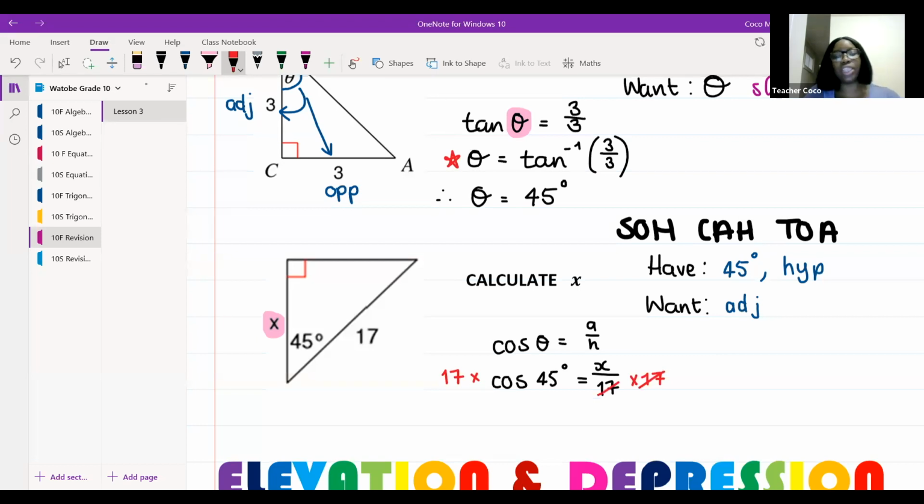What I will actually need to punch into my calculator is x equals 17 times cos of 45 degrees. You guys are going to do that for me now. Punch that into your calculator and tell me, what is 17 cos 45? If you get a funky answer that doesn't look like everybody else's, make sure your calculator is in degrees.